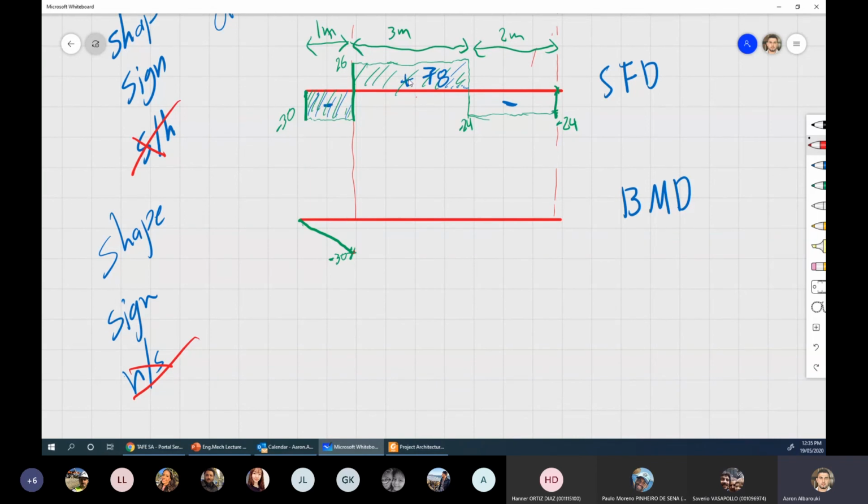Because the sign is positive in this area, that means I'm going up. How much am I going up? Minus 30 plus 78. Exactly. So I was at negative 30, add 78, and that will be ending at this point here. So that will be 48 altogether, correct? Yeah.